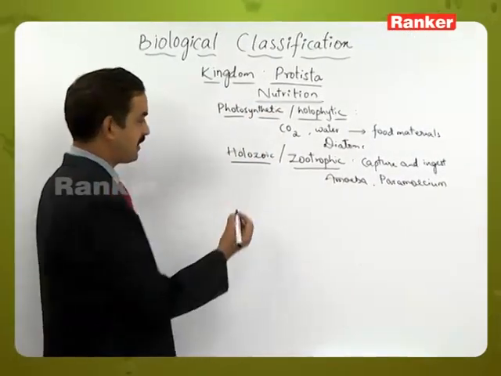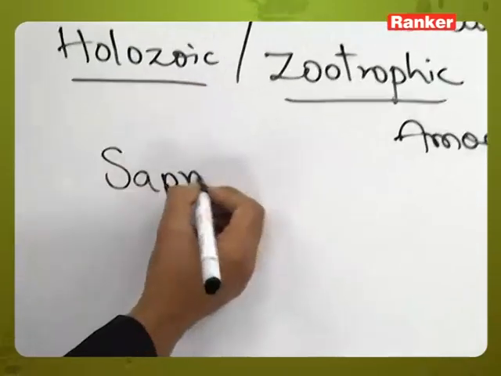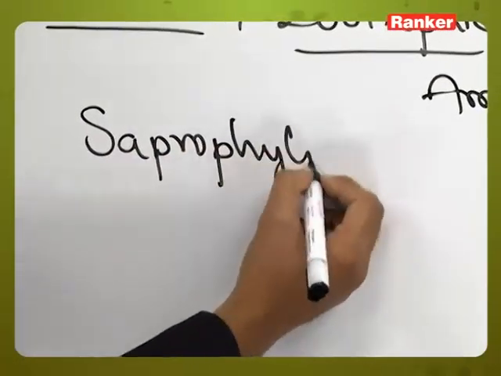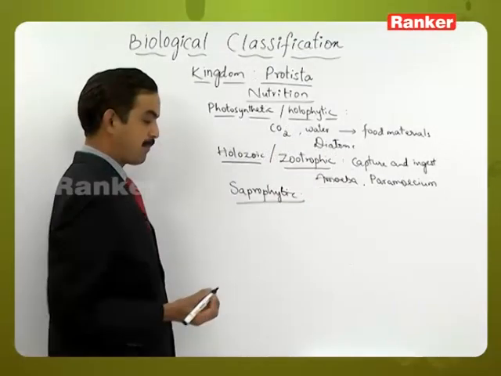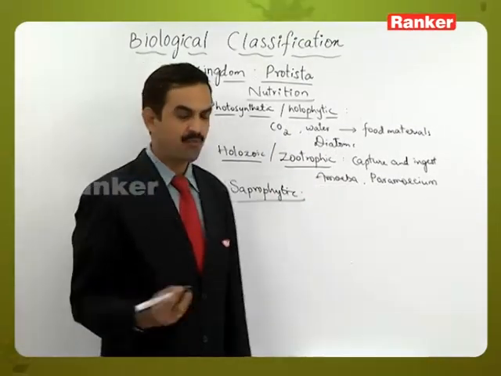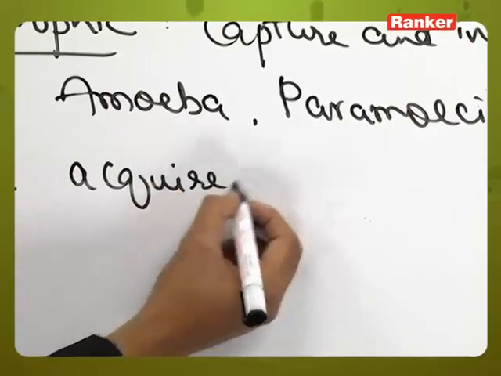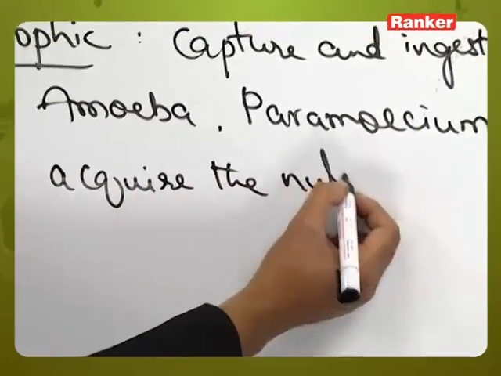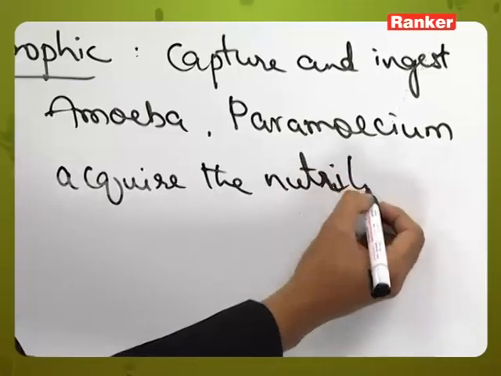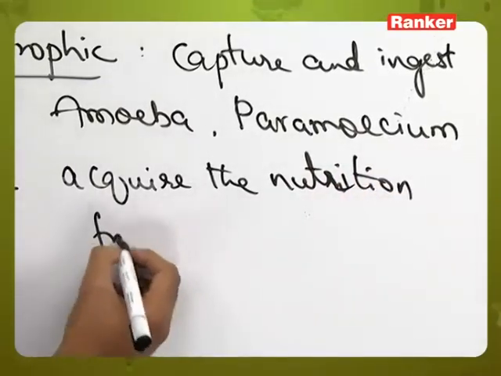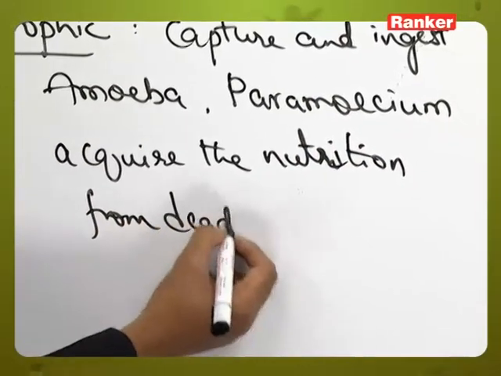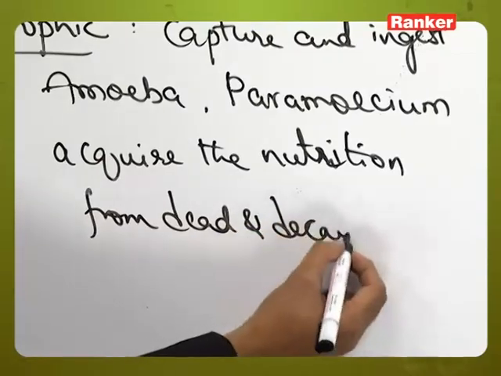Then the next one is saprophytic type of nutrition. Saprophytic type of nutrition is the one where they acquire the nutrition from dead and decaying organic matter.